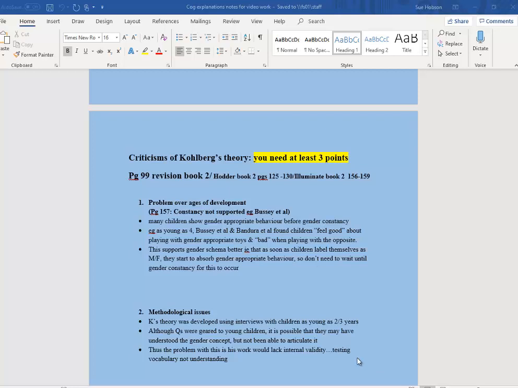If that is the case, then the research would lack internal validity. You're not testing what you think you're testing. You're testing their vocabulary, not their understanding. That's a problem.